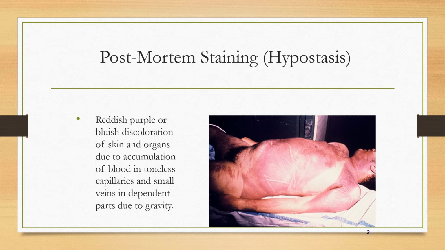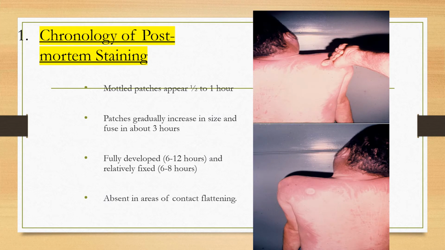So whenever the body is lying or sitting or hanged anywhere, the portion of the body which is dependent, in the sense that there is no support beside or below the body, in the direction of gravity the capillaries will start trickling, and because of that there is stagnation of blood on the dependent part, and that will cause discoloration in the reddish purple color. So this is postmortem lividity.